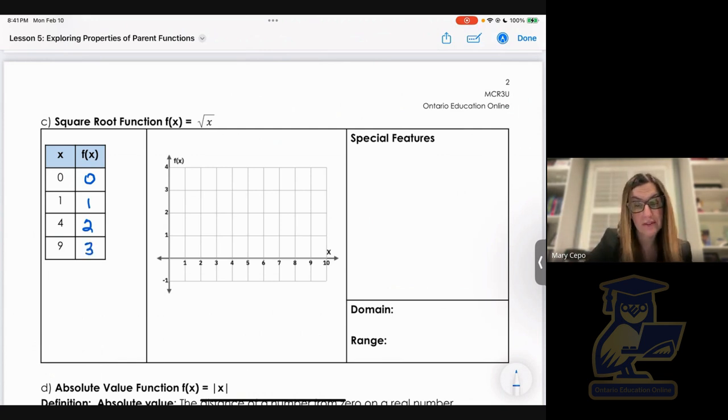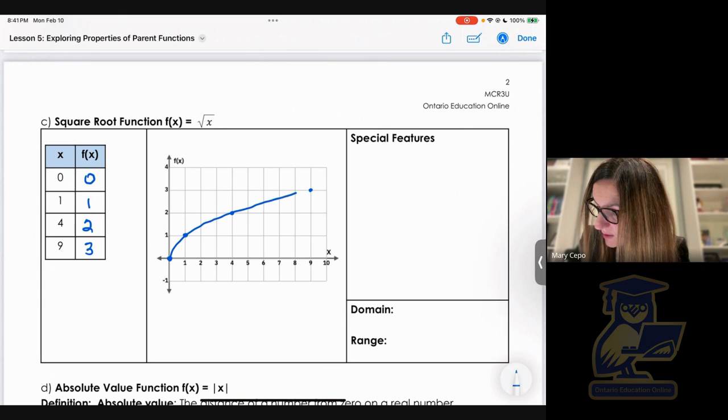In further lessons, we will be doing different transformations, and we're always going to start with the parent function. So it is very critical that we know the key points for each parent function as well as any special features. So to graph this, (0, 0) would be my first point, (1, 1), (4, 2), (9, 3). Okay.